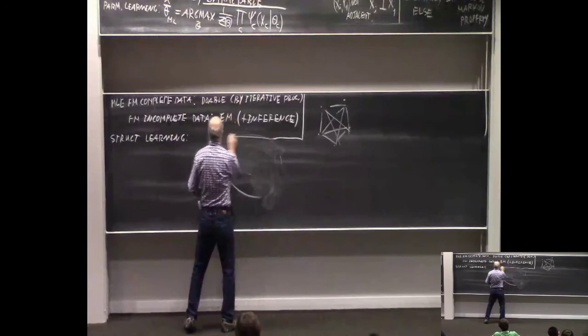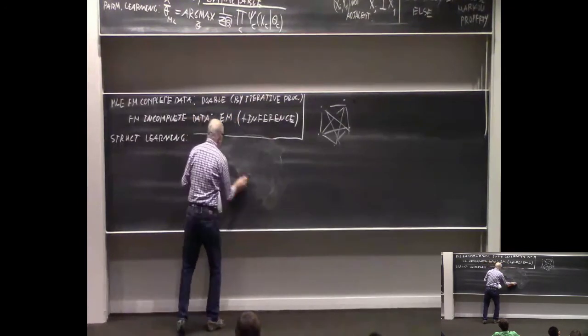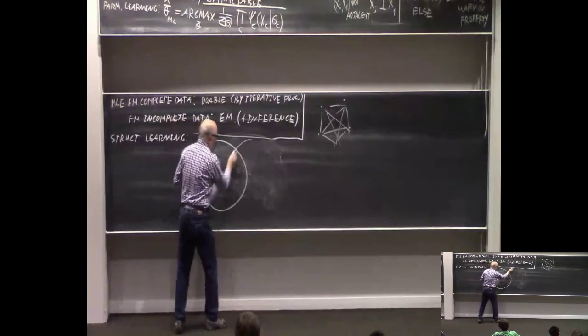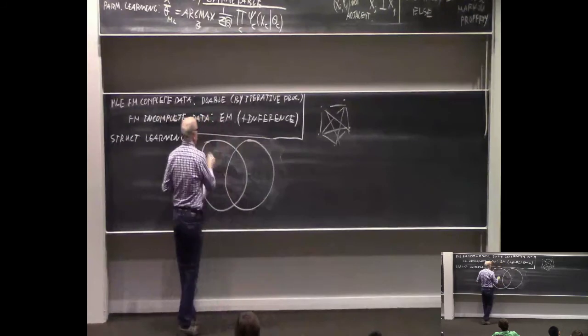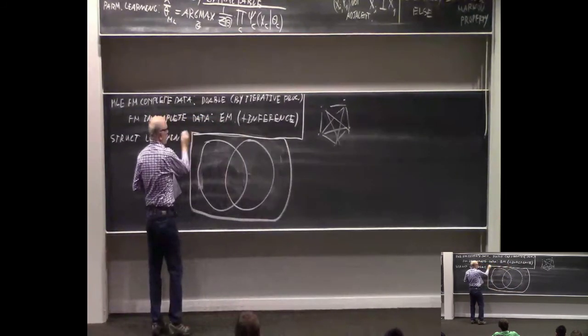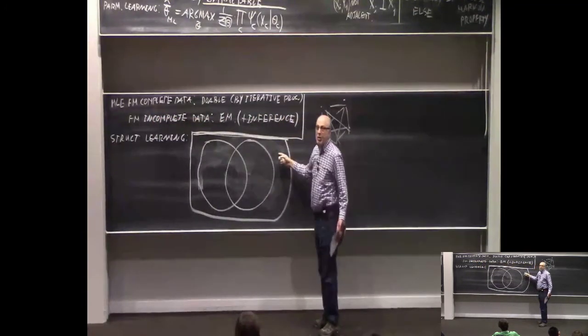So the right view of the world is like this. This is the set of all possible conditional independence assumptions that can be made, the set of all sets of conditional independence assumptions.